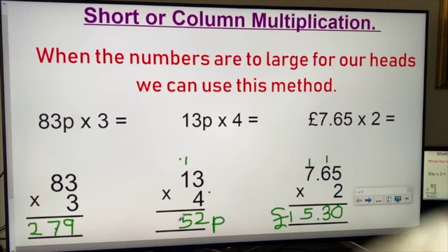The decimal point would be here. This one, 83 times 3, 279. So that's 200 pennies, which makes £2. There's my odd pound sign again. And there's my decimal point, 79p. So £2.79.